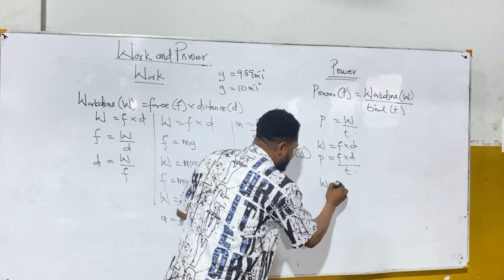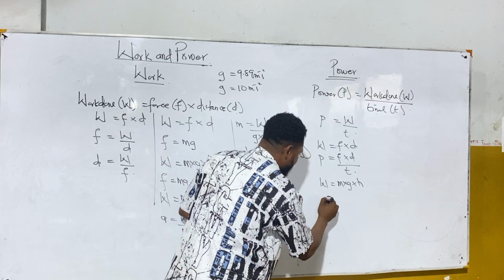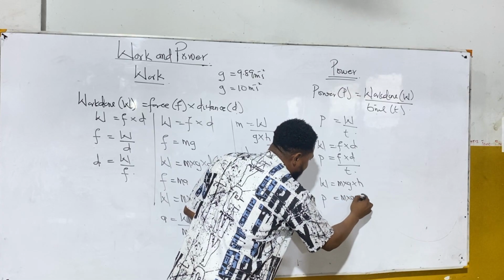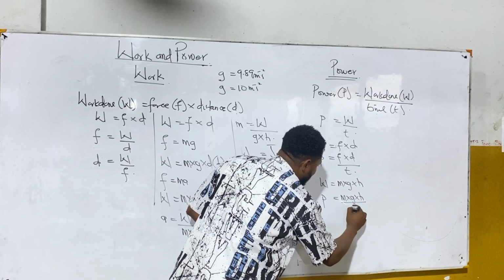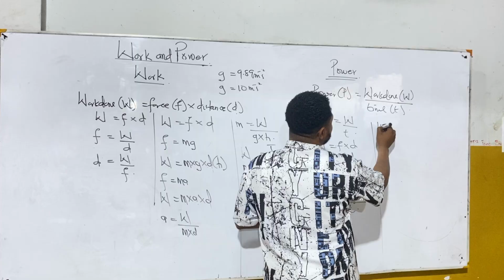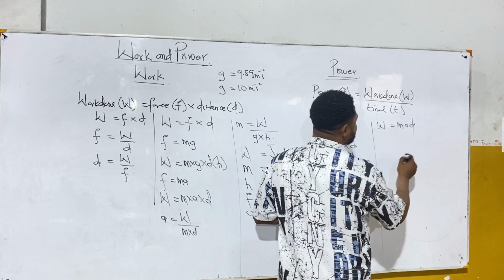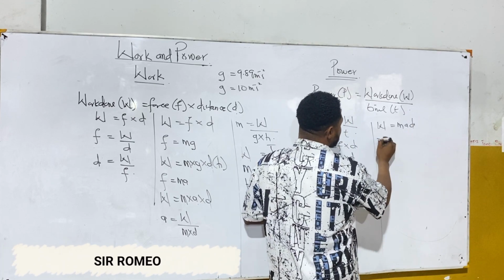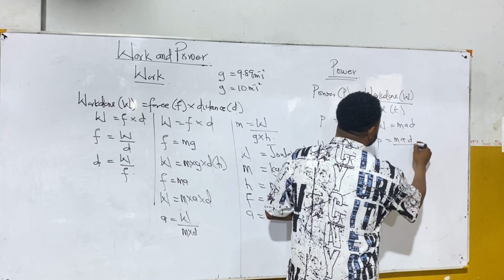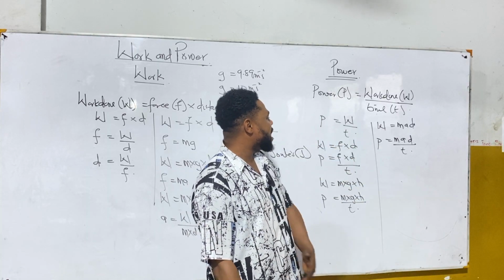Again, where work done is equal to mass times acceleration due to gravity times height, we can arrive at power equal to mass times gravity times height over time. Again, where work done is equal to mass times acceleration times distance, power is equal to mass times acceleration times distance over T. So these are some formulas that we can have under power.